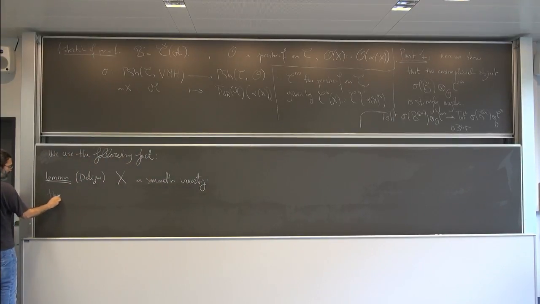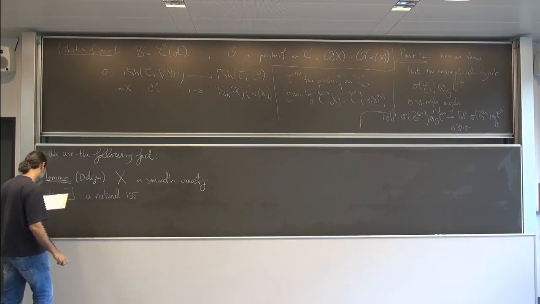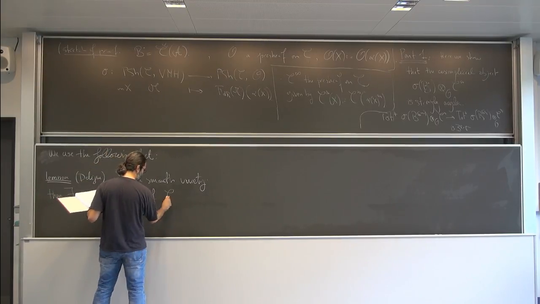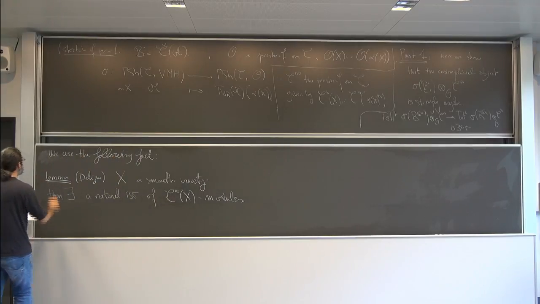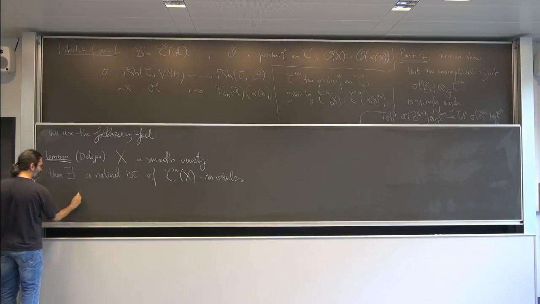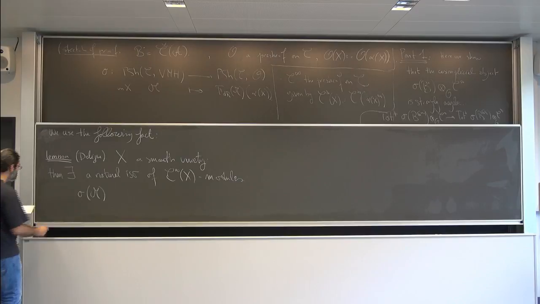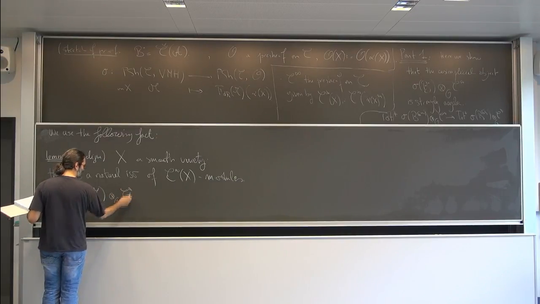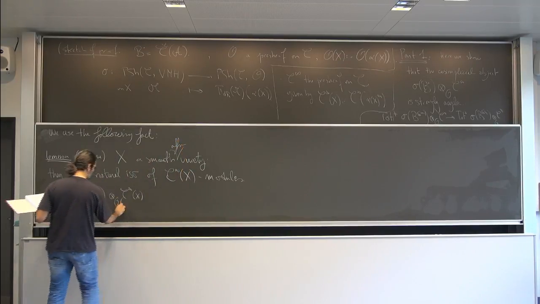Then there exists a natural isomorphism of C infinity X modules between O of, so it's a natural isomorphism in M that lives in variation of mixed structure on X. So sigma M is this O X module underlying M tensored with C infinity X. So let's say affine, smooth affine, just for simplicity of notation.